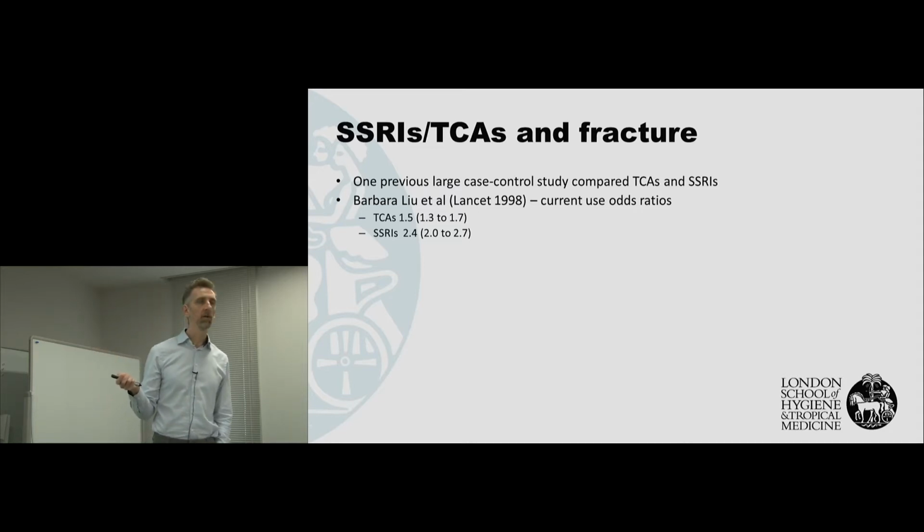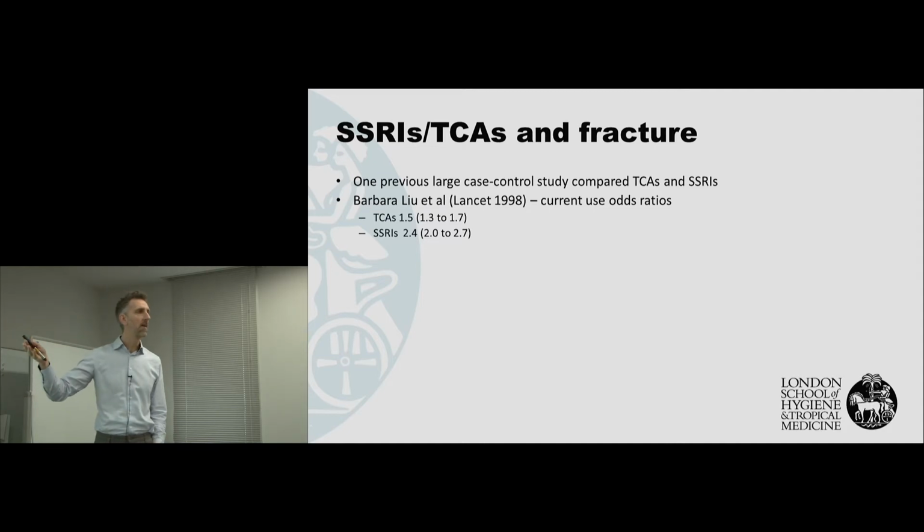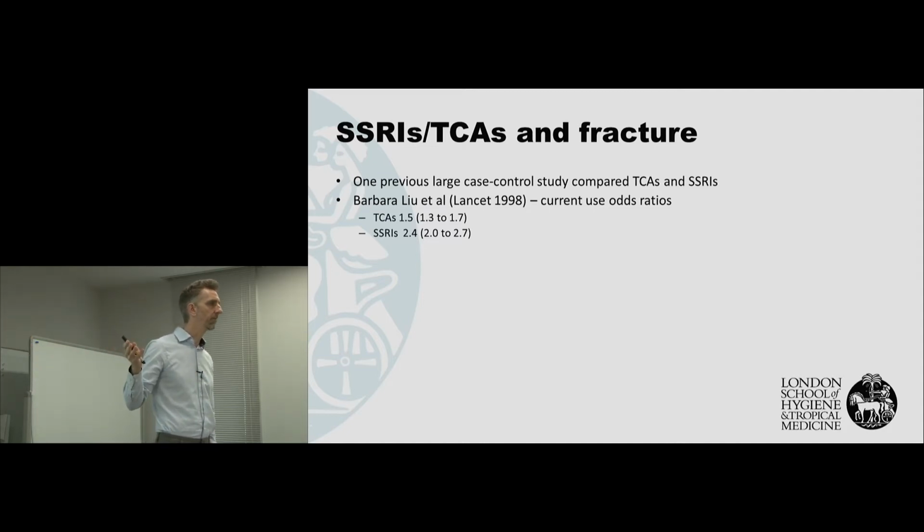Surprisingly, the odds ratio for fracture with SSRIs was 2.4. So this seemed to suggest that in fact the problem was greater for SSRIs than it was for tricyclics, and this was not expected. But this was in a big study where they adjusted for confounding factors, and these were the results.